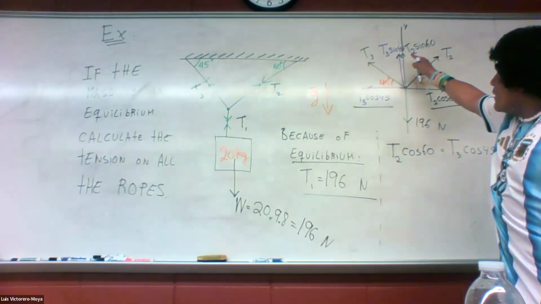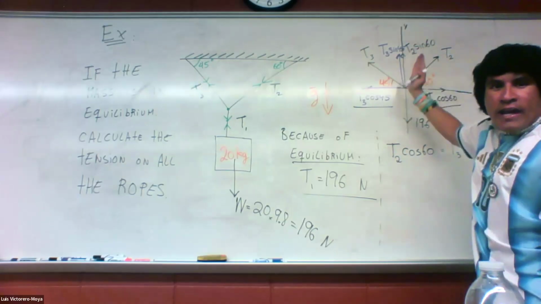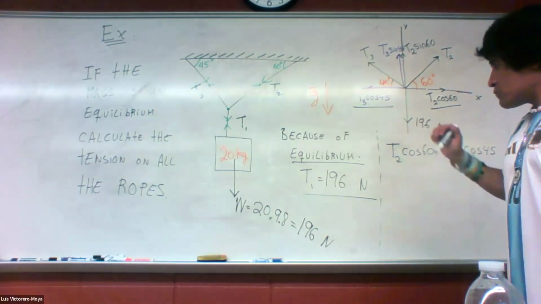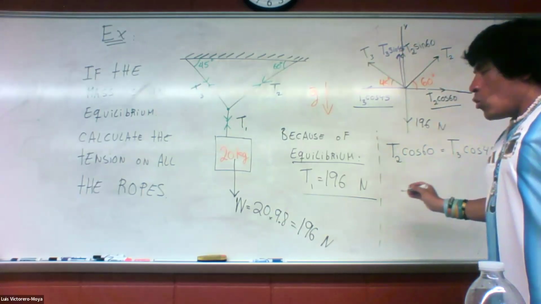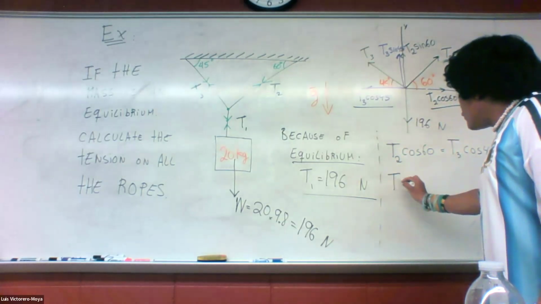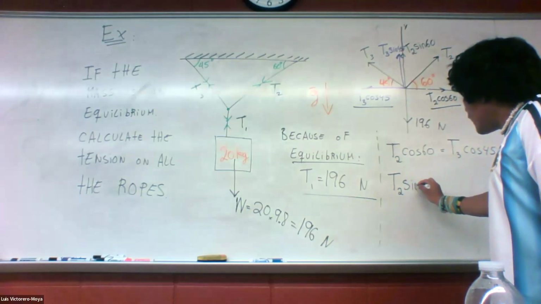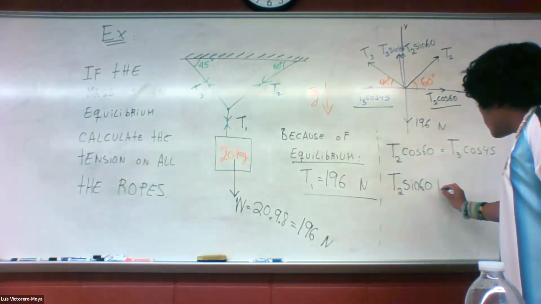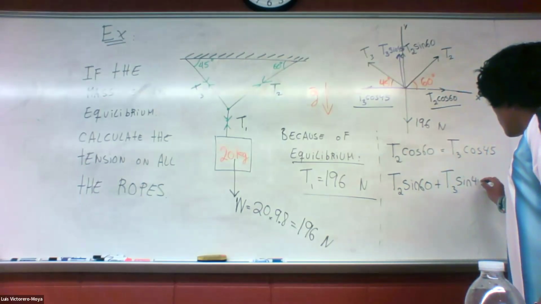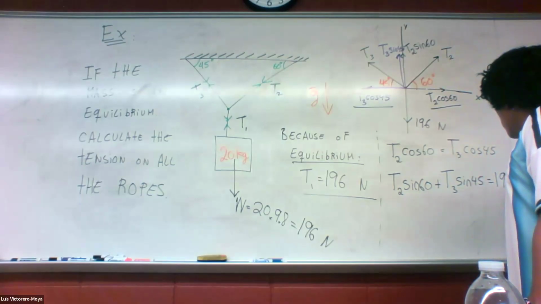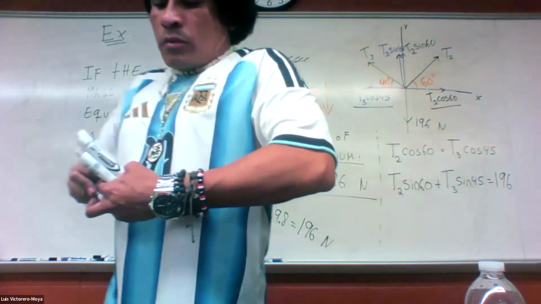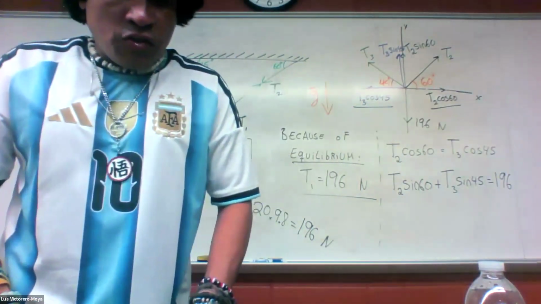And then vertically, you have two forces going up and one force going down, which is 196. So we add the forces going up: T2 sine 60 plus T3 sine 45 equals 196. That's it for the physics. Now it's math. So before I do the math, who has a question about that?